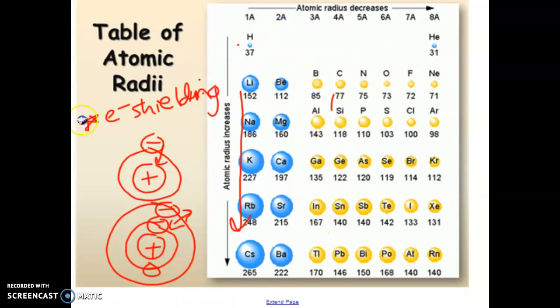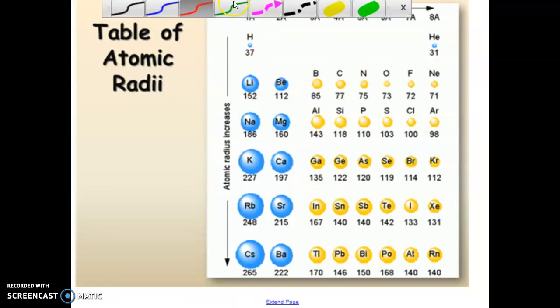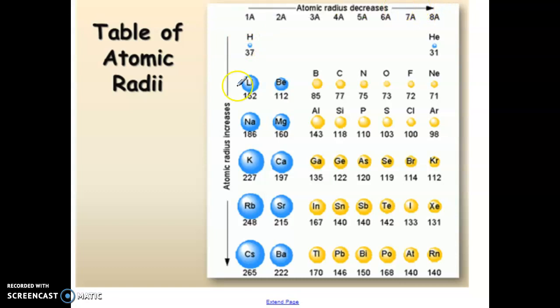So let's just clear this off. Okay, so if we were to look at this and say, well, I want to remove an electron from lithium, and then I want to remove an electron from oxygen. Because oxygen's electrons are being held more tightly to the nucleus, it's going to be harder to remove an electron from oxygen because they are attracted to the nucleus.